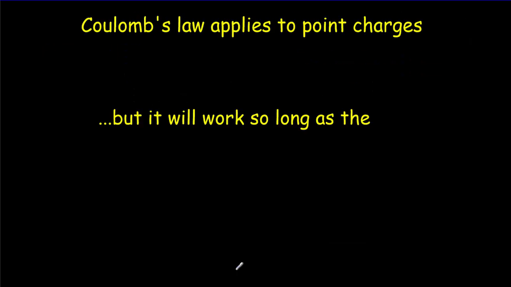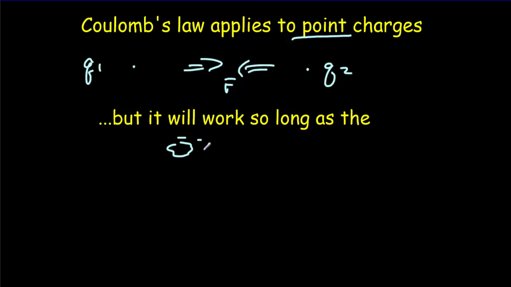Now, theoretically at least, Coulomb's law only applies to point charges. So we'd have to be talking about, say, a proton and an electron, which we would consider point charges, and then we could use Coulomb's law to figure out the force between the point charges. However, if we have macroscopic objects that are charged up, and if they're quite close together, then we can't use Coulomb's law.